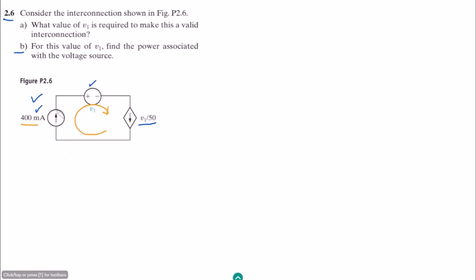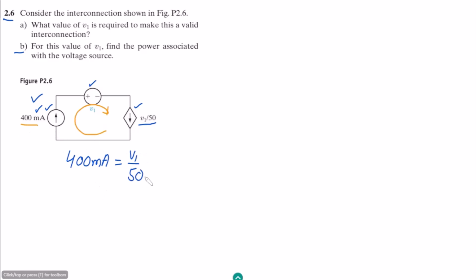As this is a single branch in a series circuit, and as I have told you in our previous videos, to make a circuit valid, all the current sources connected in a single branch should have a similar value. So 400 milliamps should be equal to what?